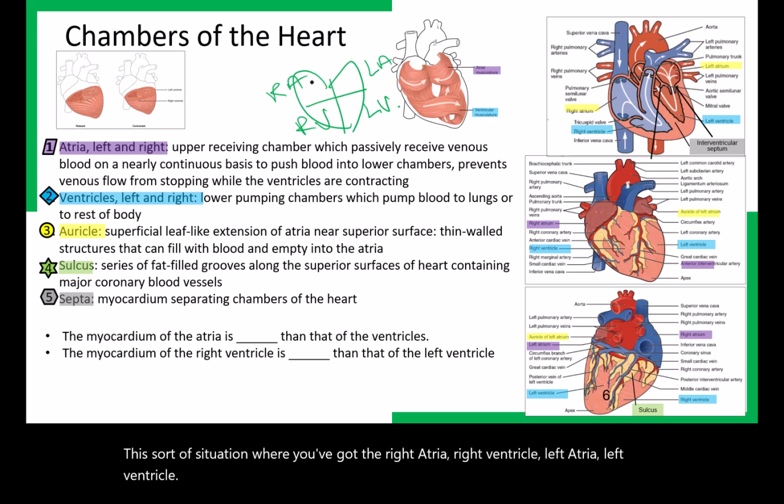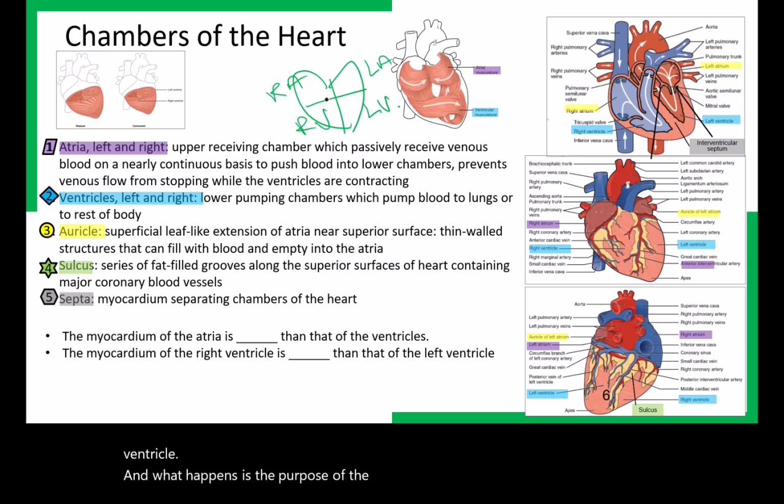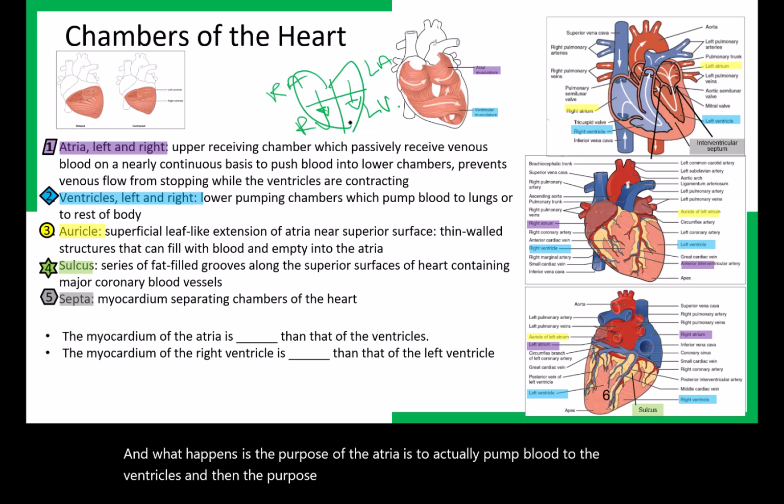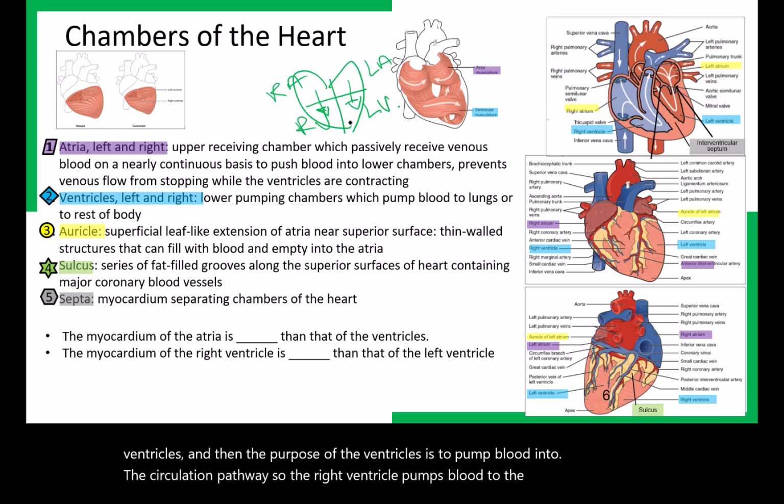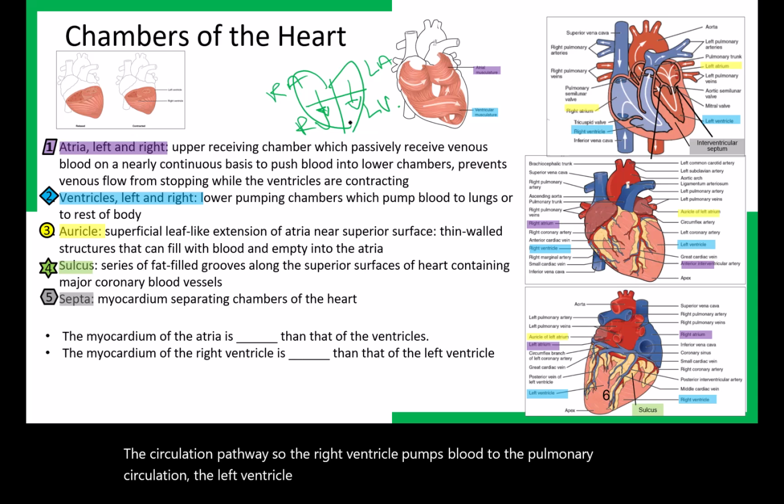The purpose of the atria is to pump blood to the ventricles, and the purpose of the ventricles is to pump blood into the circulation pathway. The right ventricle pumps blood to the pulmonary circulation, the left ventricle pumps blood to the systemic circulation.